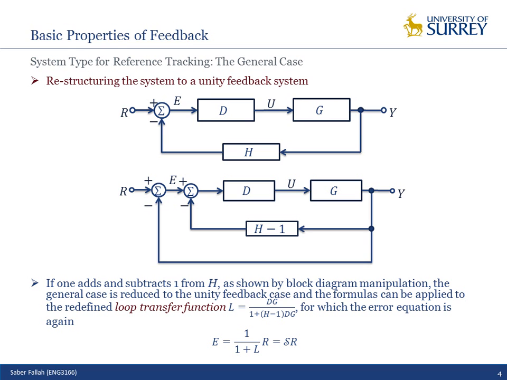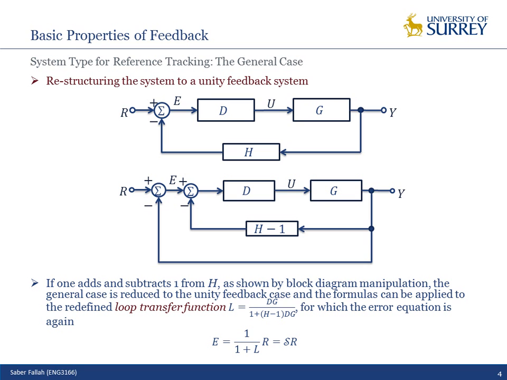If I have just one integrator, the system is type 1. If I have two integrators, the system is type 2. So in this case, if the transfer function is DG over 1 plus DG H minus 1, and I have one pole at origin, the system is type 1. If I have two integrators, the system is type 2.